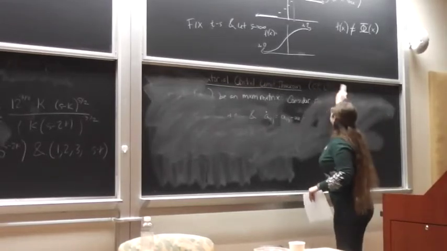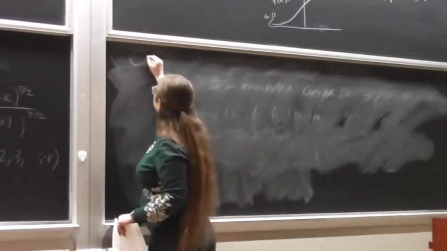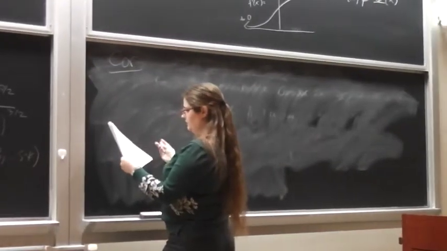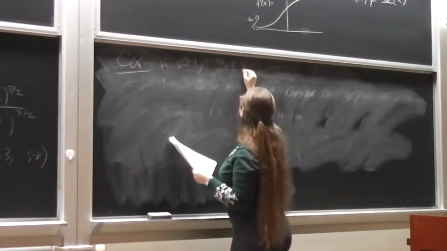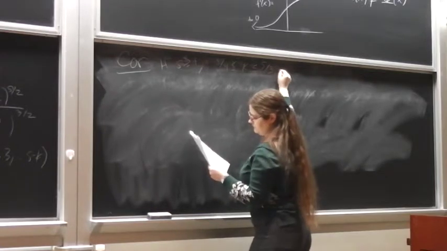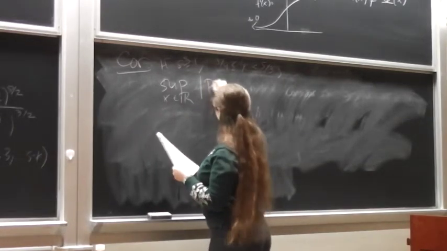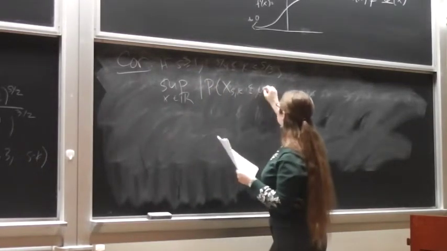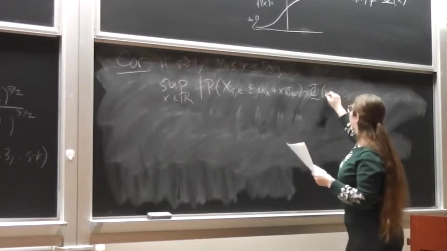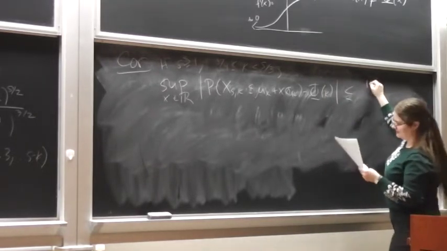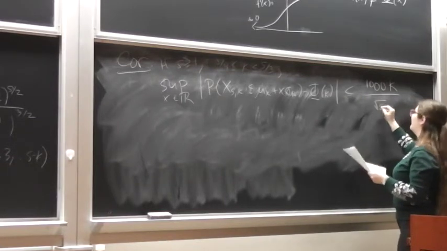So the corollary that we're actually going to use is for k between s over 4 and s over 3. Then the thing that we get has a much nicer bound, which we didn't optimize, but one upper bound you can get is 1,000 times k divided by the square root of s.